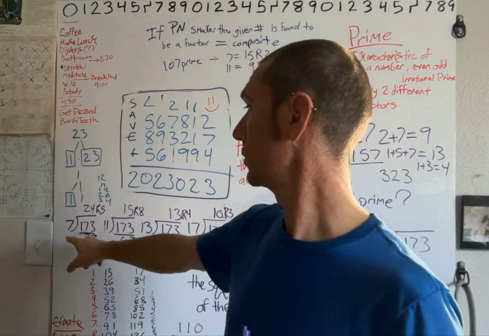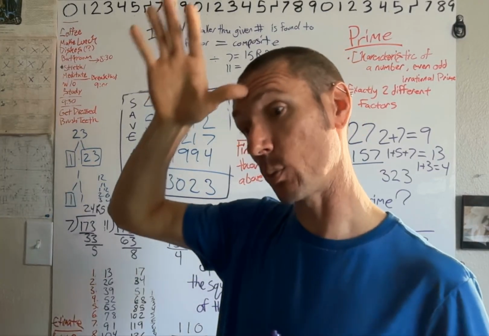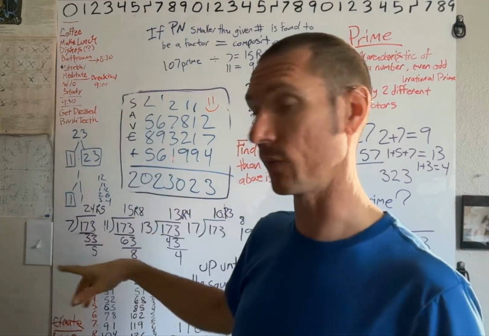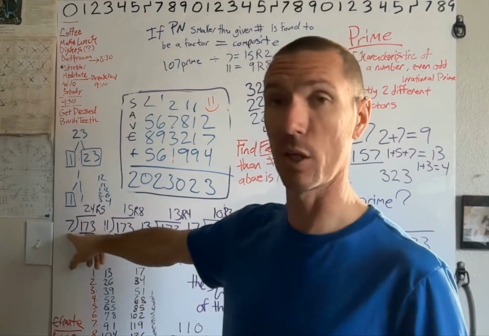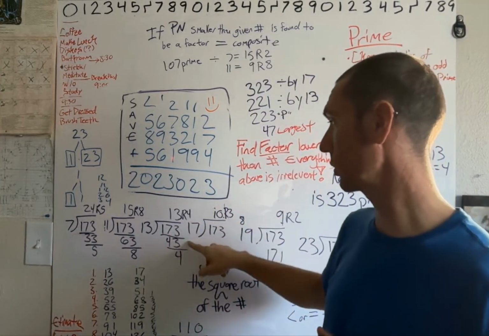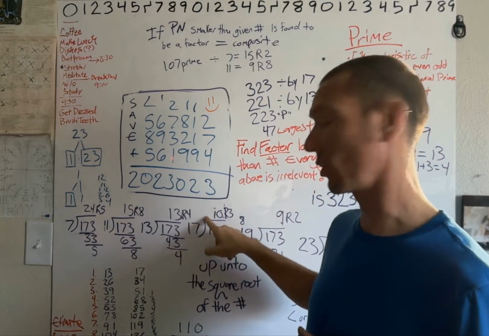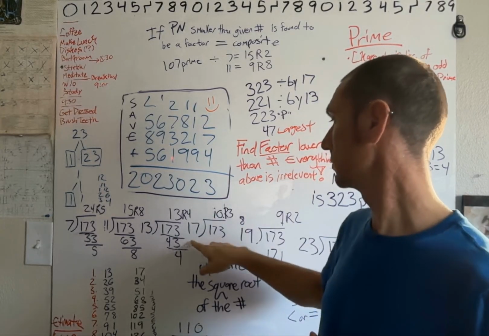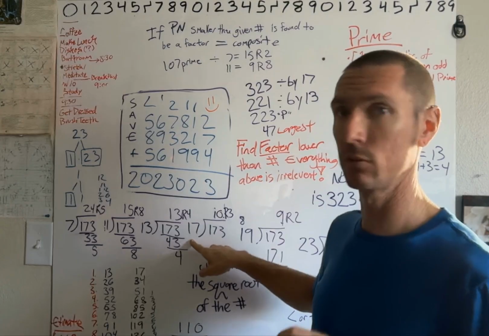So the book explains that as you go up, you divide by other prime numbers until you find a prime number where the quotient is smaller than the divisor.